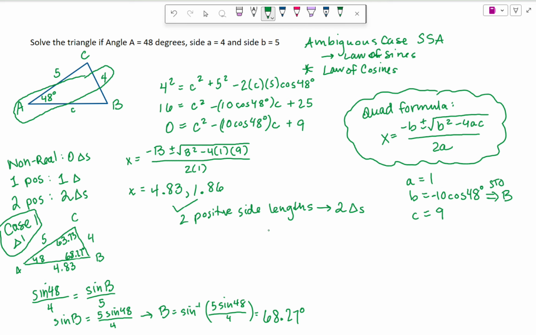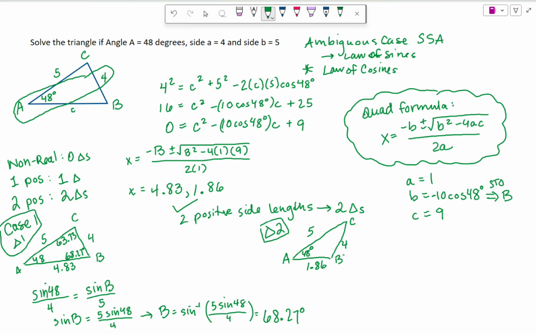Okay, and then we do want to also draw triangle 2, and that triangle has the third side as 1.86, so it actually looks a little different, right? This side is still 4, 5, and 48 degrees, but side C is now 1.86. So this is an A, a C, and a B. All right, so we have all three sides and we have the one angle.